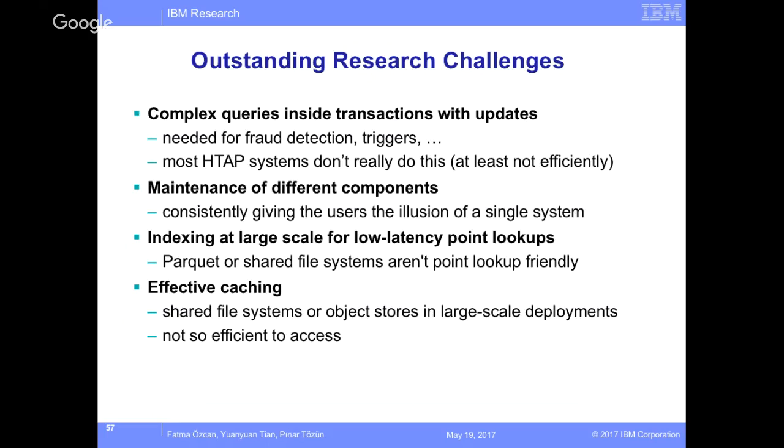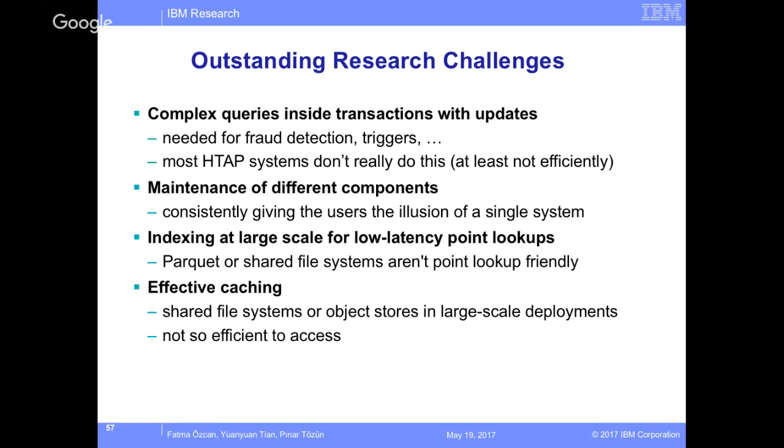One thing is that even though we showed all these systems that were supposed to be HTAP systems, none of them are actually true HTAP depending on Gartner's definition, because Gartner says that you need to be able to run queries, ideally complex queries, within transactions that potentially have updates.